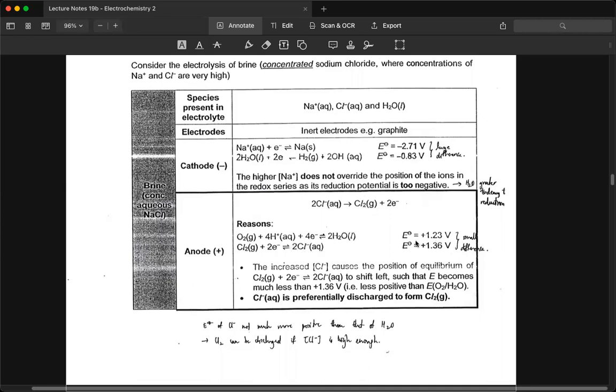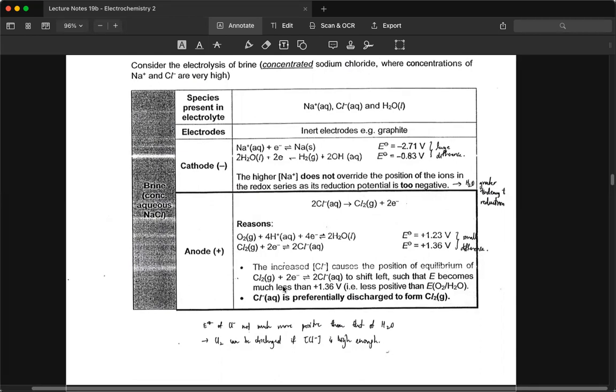At the anode, because the E0 values are not of a big difference, when you have increased Cl minus concentration, the position of equilibrium for this equation will shift to the left, such that E becomes much less than plus 1.36.